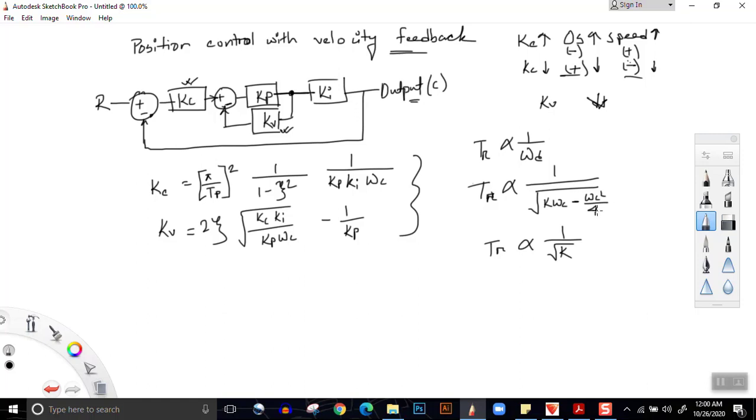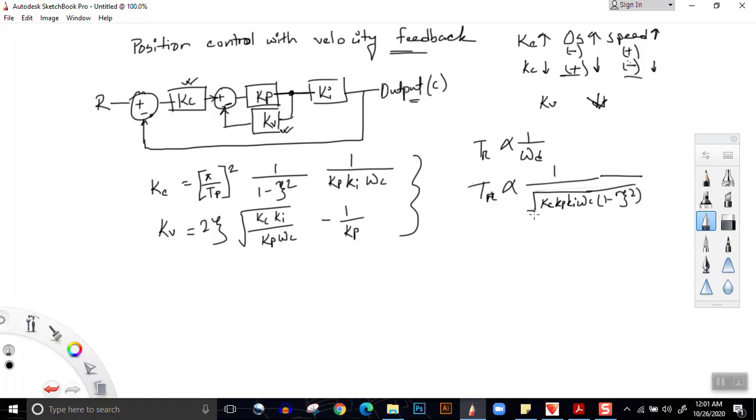The important factor over here is, let's not use this equation. Let's rather use a different equation to understand it better. So if we don't use this expression, we have another expression which is root over (Kc Kp Ki omega c (1 minus zeta square)).